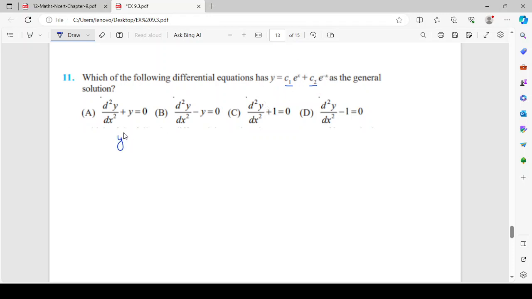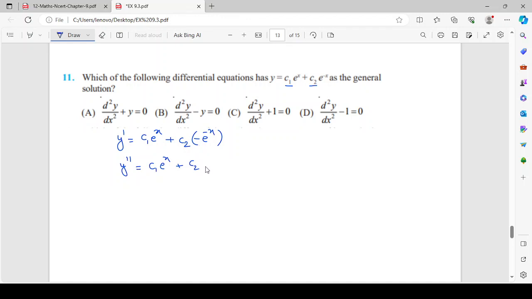So first, when we do the differentiation, y dash is equal to c1 into e power x, differentiation is e power x. C1 is an arbitrary constant. We need not apply the product rule here. Next, plus c2 into e power minus x, differentiation is minus e power minus x. Again, one more time, when you do the differentiation, y double dash is equal to c1 into e power x plus c2 into e power minus x, differentiation is again minus e power minus x.